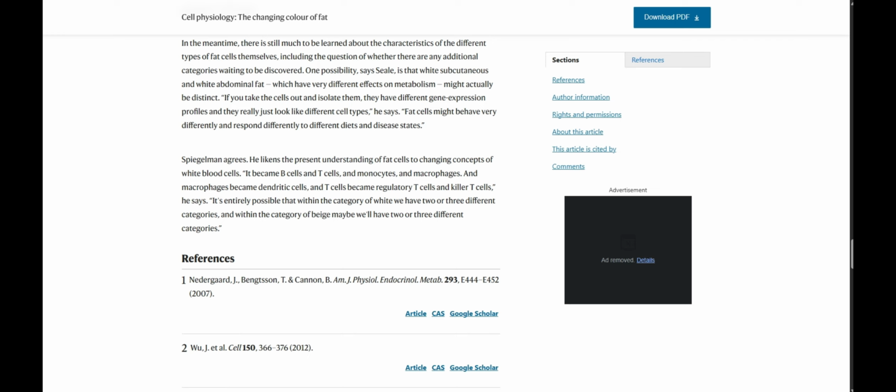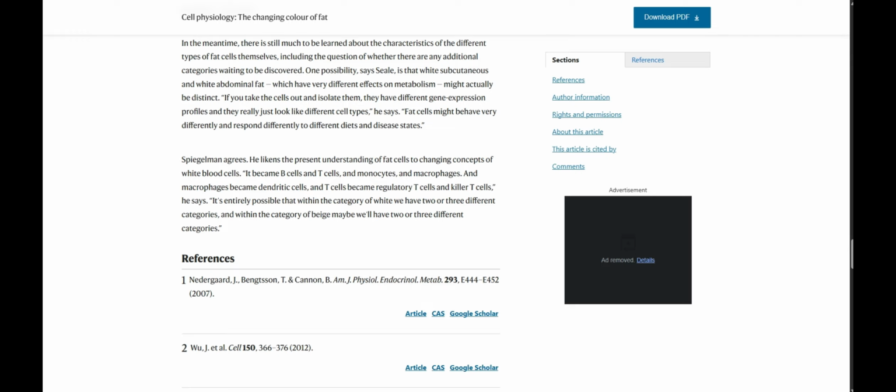One possibility, says Seale, is that white subcutaneous and white abdominal fat, which have very different effects on metabolism, might actually be distinct. If you take the cells out and isolate them, they have different gene expression profiles, and they really just look like different cell types, he says. Fat cells might behave very differently and respond differently to different diets and disease states. Spiegelman agrees. He likens the present understanding of fat cells to changing concepts of white blood cells.